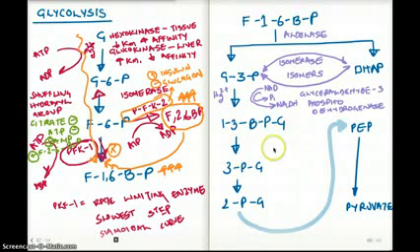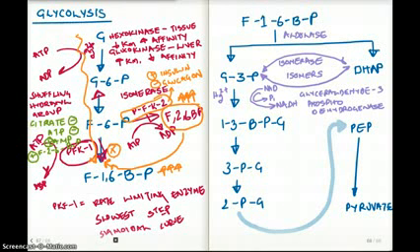Now from 1,3-bisphosphoglycerate, we are making 3-phosphoglycerate using the enzyme phosphoglycerate kinase. This process is also making 1 ATP from 1 ADP. But do remember that there are two of these going on, because these are 3 carbon molecules and there is another one, so really we're making 2 ATPs rather than 1 ATP.